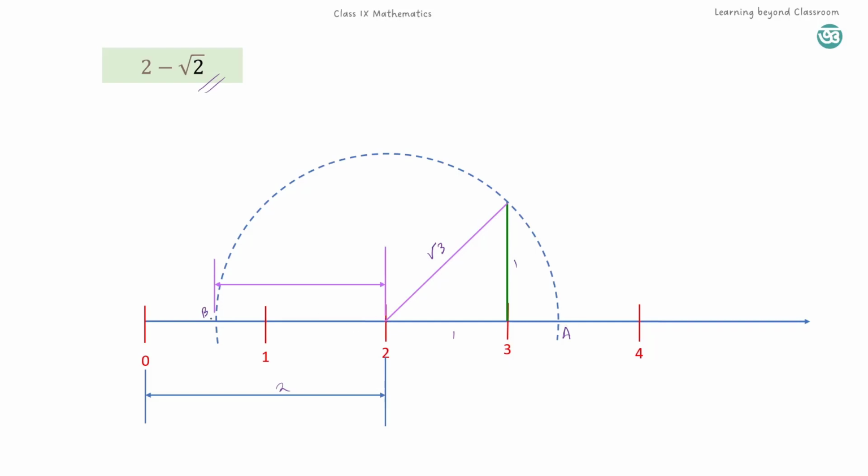Similarly, from 2 to B is also root 2. Now what is this point B? This is 2 minus root 2. So this is the point 2 minus root 2 on this number line.